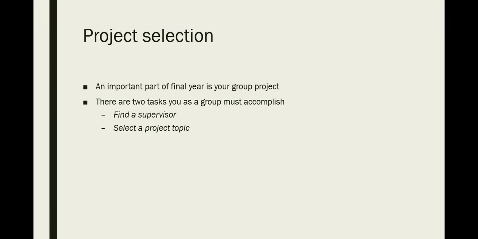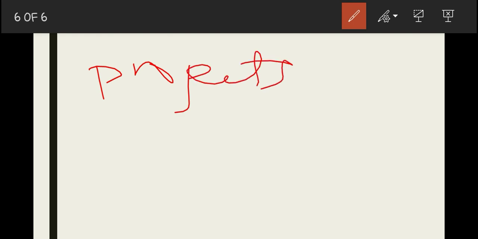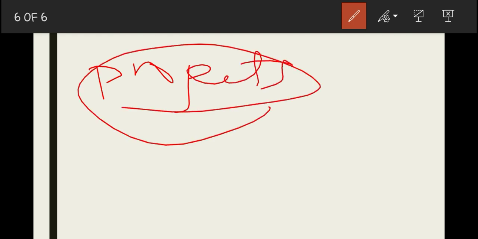Now let's talk about selecting a suitable project topic. Selecting a project topic can be a very daunting task at first, but to assist you, in some universities, even the University of Dodoma, there might be what we call a project database. This project database contains a number of project suggestions made by the members of the department that you are in.